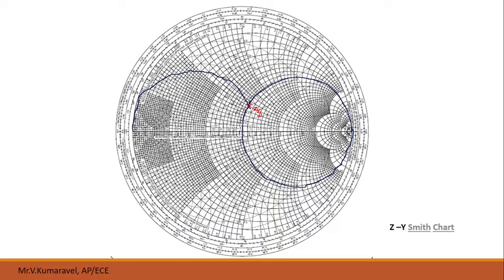Similarly, on this side. So now I have plotted the resistance circle as well as the conductance circle that pass through the point ZS. Okay, so now let us proceed.